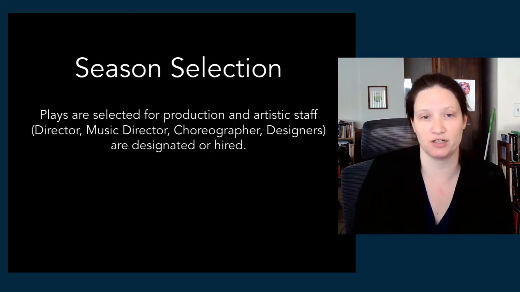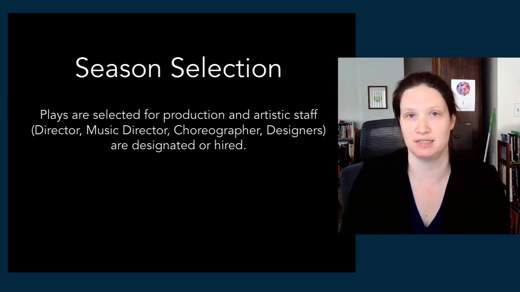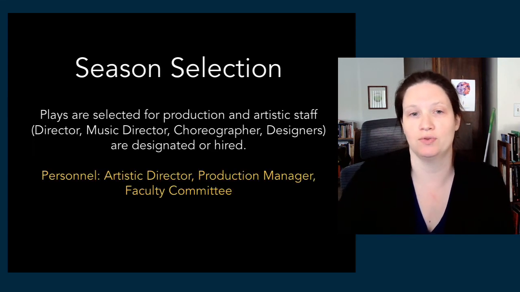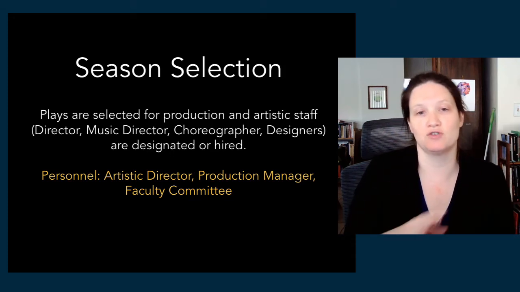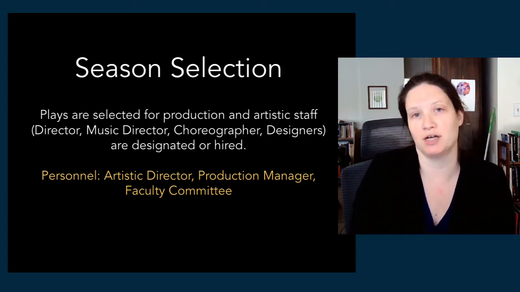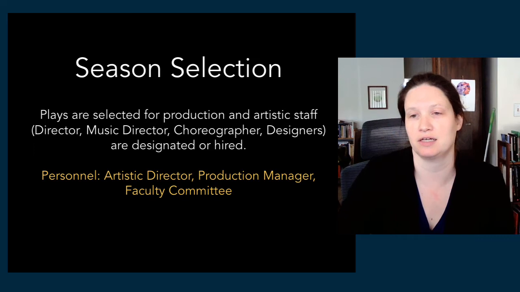So that's a director for the show. If it's a musical, it would have a music director, a choreographer, and then a design team. So this process is usually made up by the artistic director, executive director, production manager, or a faculty committee, right? So those are the people who are involved typically in season selection.